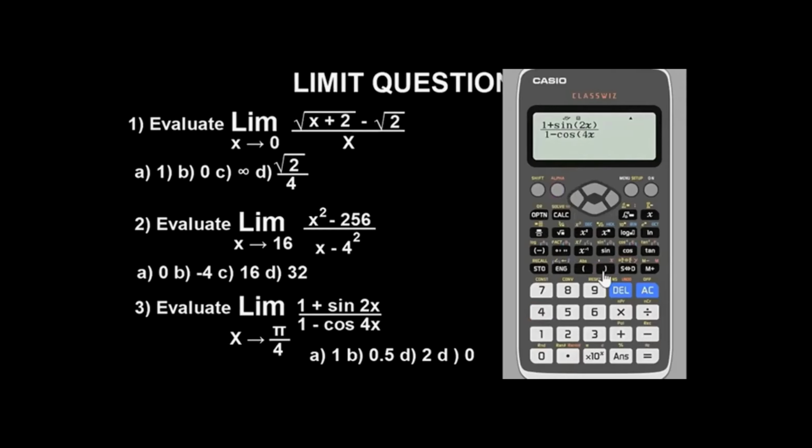So make sure you are closing the bracket. Once the bracket opens, ensure you close it. If you don't do it, it might give you a syntax error when you press equal to. So make sure that everything is in order. Very, very important, guys. So that's it, guys. We are good to go. So now let's press equal and see what we're going to have as the answer.